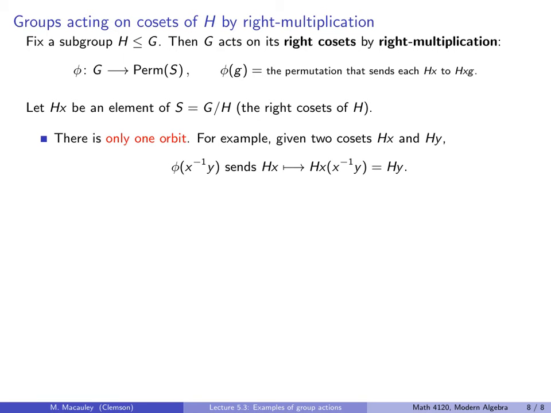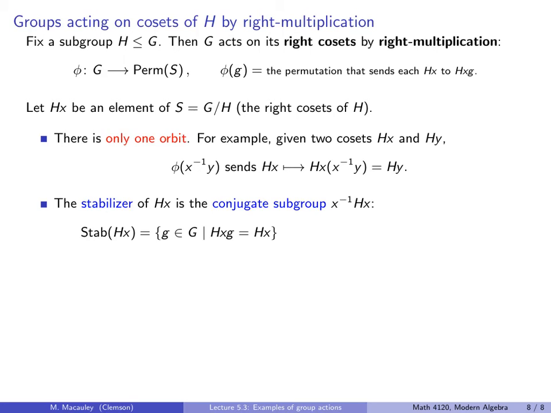For example, given two cosets, hx and hy, there's always a way to send this coset to that coset. Well, how do we do that? If we start with hx and we want to get hy, we just multiply on the right by x inverse y, and the x's cancel, and we're left with hy. So in other words, pressing the x inverse y button sends hx to hy.